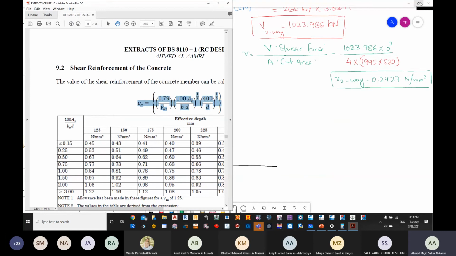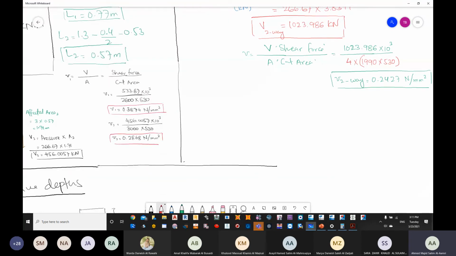Okay, so we have our VC equals 0.79 divided by 1.25, which is gamma m, multiplied by (100 AS provided divided by BD) to the power of 1/3, multiplied by (400 divided by D) to the power of 1/4.